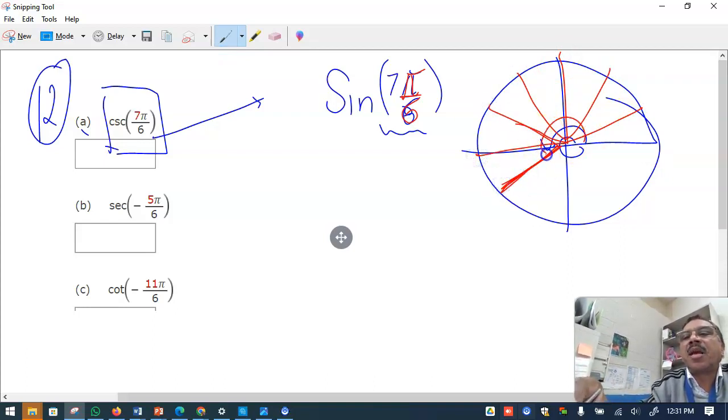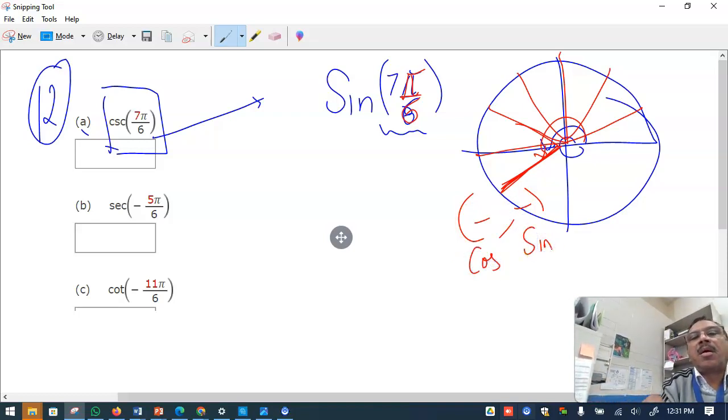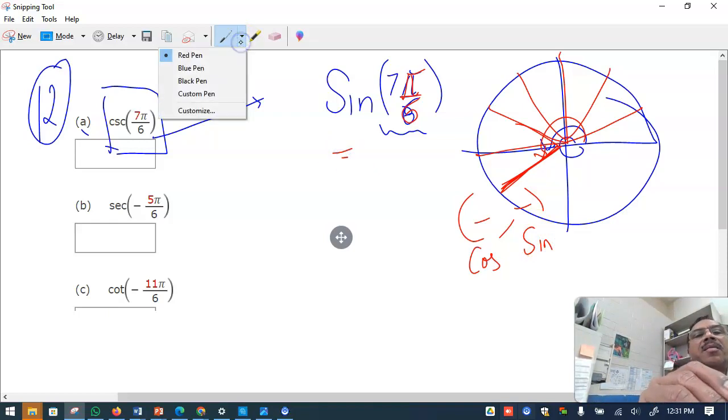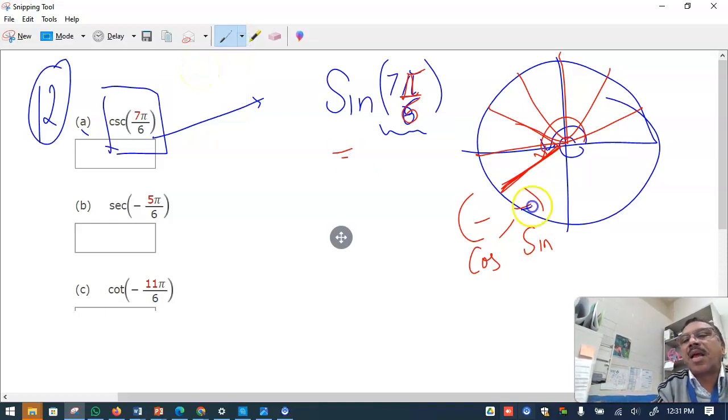So this is the angle, and that is in the third quadrant, both negative, cosine and sine. So all you do is write this as, because sine is negative, you put minus, and then the sine of the reference angle, which is pi by 6.